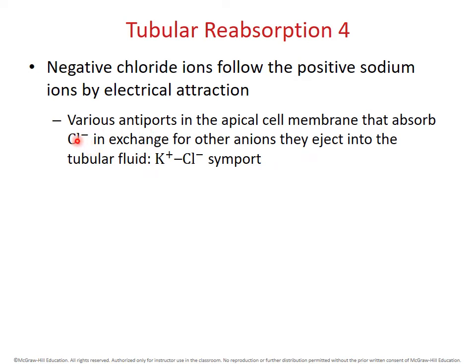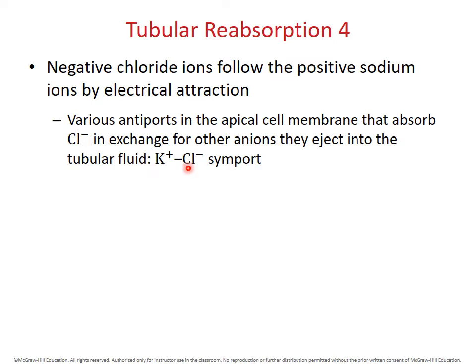So when chloride moves, a lot of it moves through an antiport that pumps other anions in the opposite direction to maintain electrical balance. But then there's also a second protein that the chloride ions can move through, which is a chloride-potassium symport. And again, symport means transporting two things in the same direction.